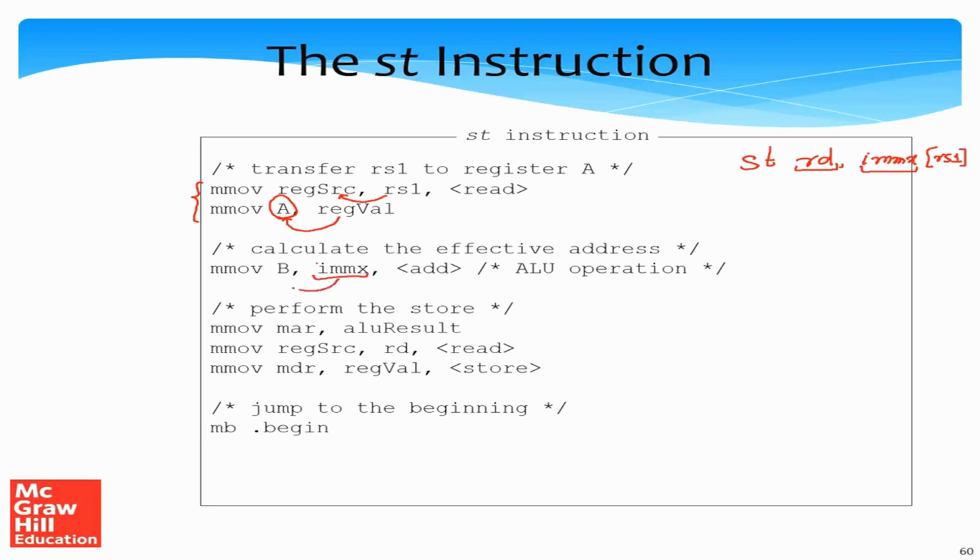This is sent to the ALU via its microregister B. We then initiate an add operation in parallel. The ALU result contains the memory address, and the memory address is then sent to the MAR, the memory address register.